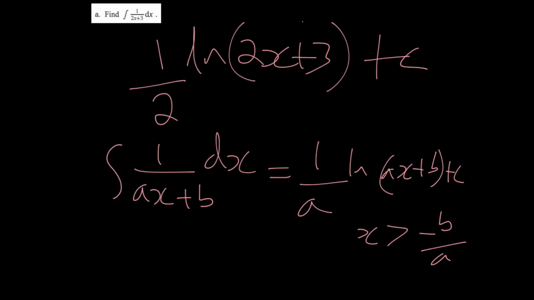So I could substitute that straight in. So obviously here a is going to be 2, so 1 over 2 ln 2x plus b, which is 3, and that will give me the same answer.